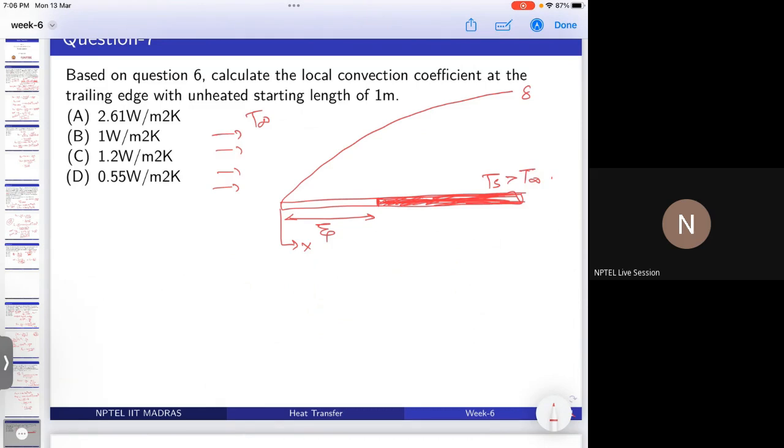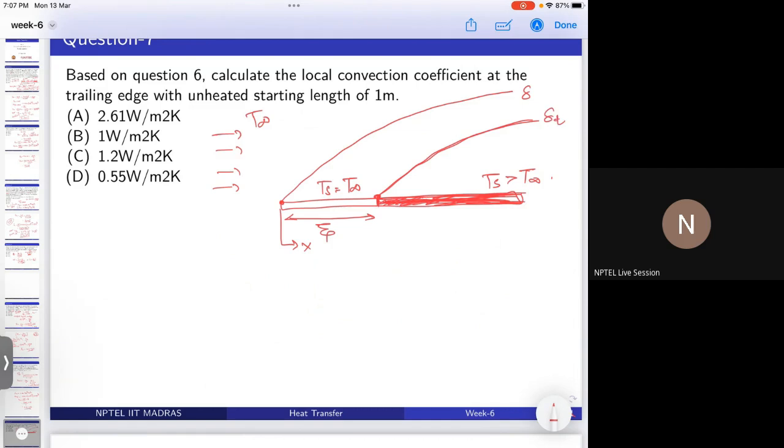Up to this, for a certain distance eta, the surface temperature is equal to T infinity. So whether the thermal boundary layer starts from here or here. The thermal boundary layer will start from where the heating will start. Yeah. So we have a thermal boundary layer like this.